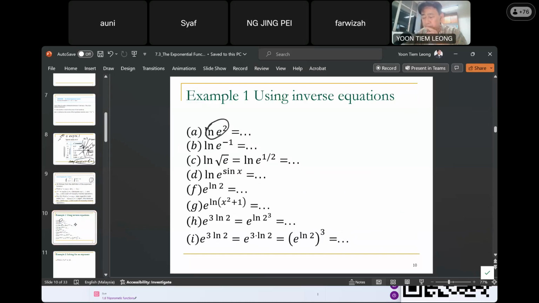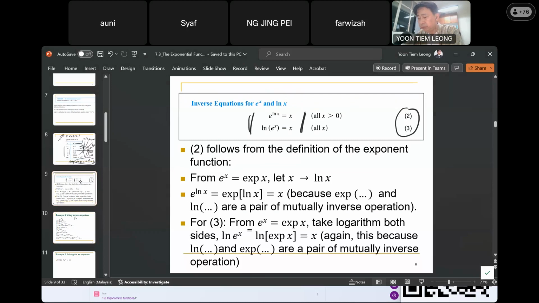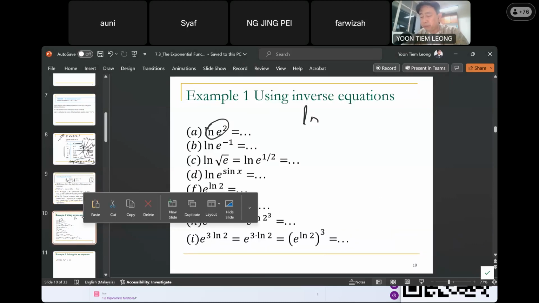So what is this value? We refer to this relationship: ln of e to the x gives you back x.